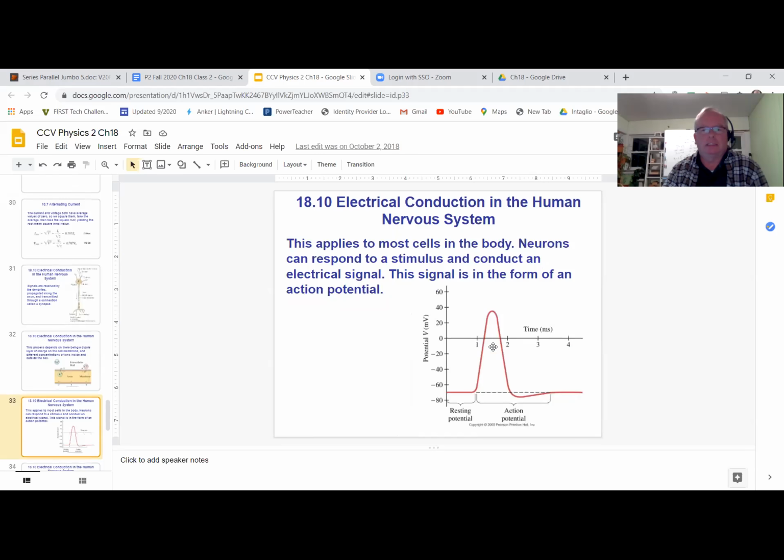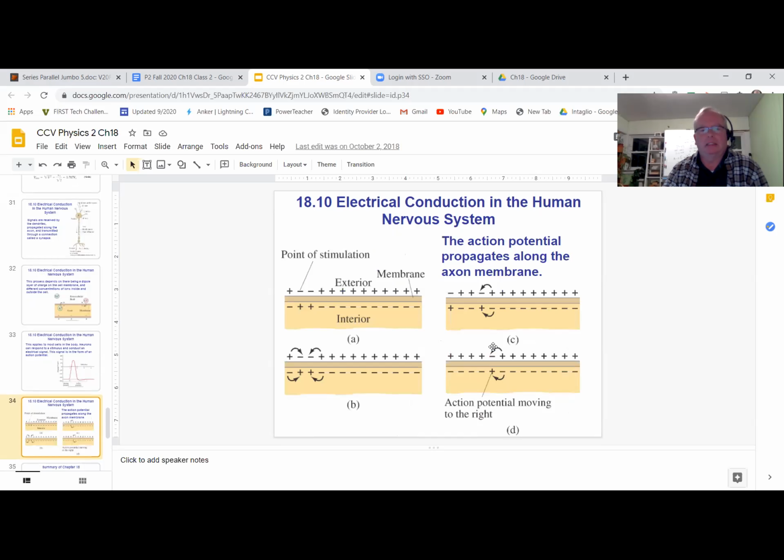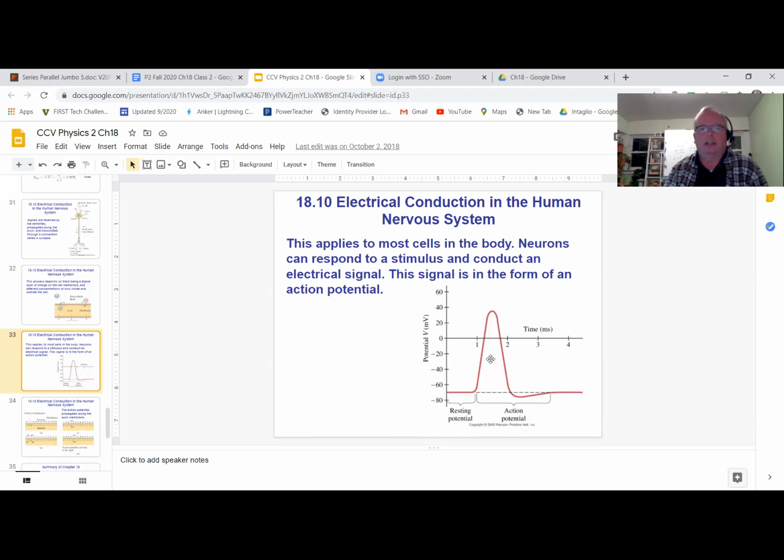Essentially, we trigger a spike, and then that spike self-propagates down the length of the axon. And the action potential is the amount that's required in order to trigger that.